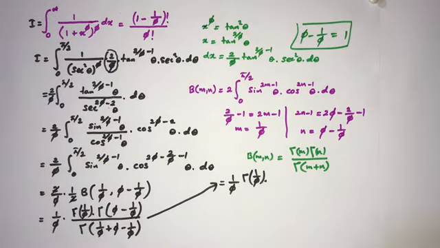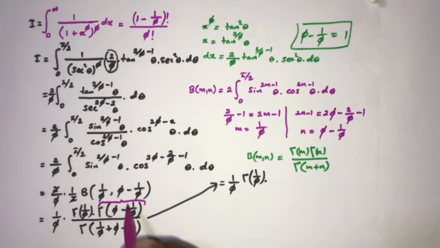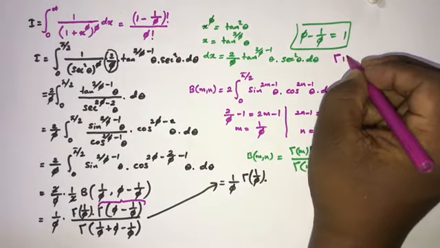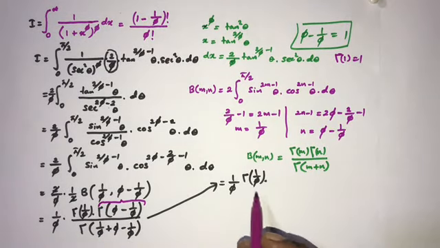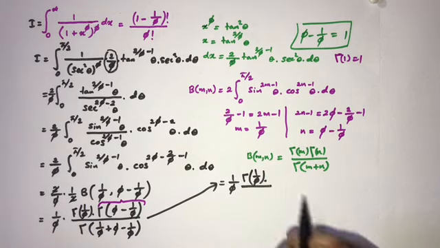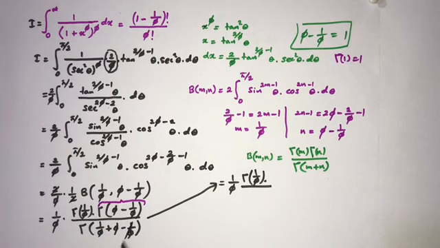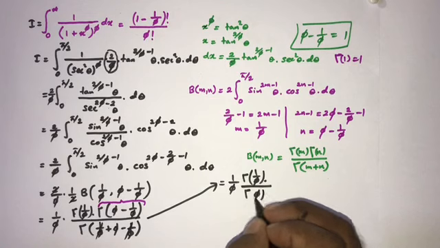Now we can write this part gamma of 5 minus 1 over 5 plus 1 over 5, we know 1, so gamma of 1, we know gamma of 1 is also equal to 1. So in the numerator we have only gamma of 1 over 5, and in the denominator we have, this part gets cancelled, so gamma of 1.